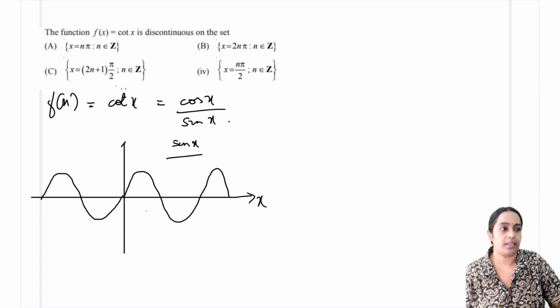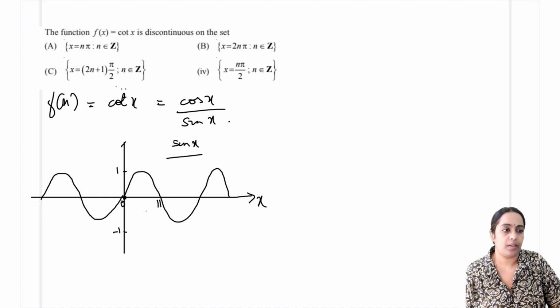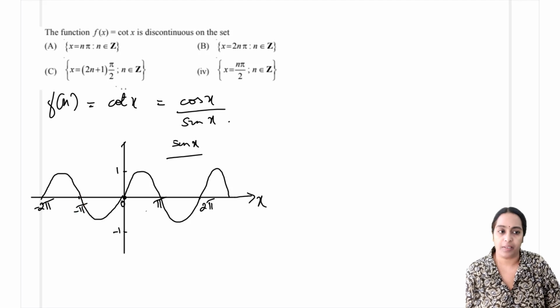So this sin x graph is having values between 1 and minus 1. So at the integral values of pi, 2 pi, minus pi, minus 2 pi, sin x is giving a 0 value. Sin 0 is 0, sin pi is also 0, sin 2 pi is also 0, minus pi is 0, minus 2 pi is 0. So at integral multiples of pi, the denominator sin x is giving a 0 value.